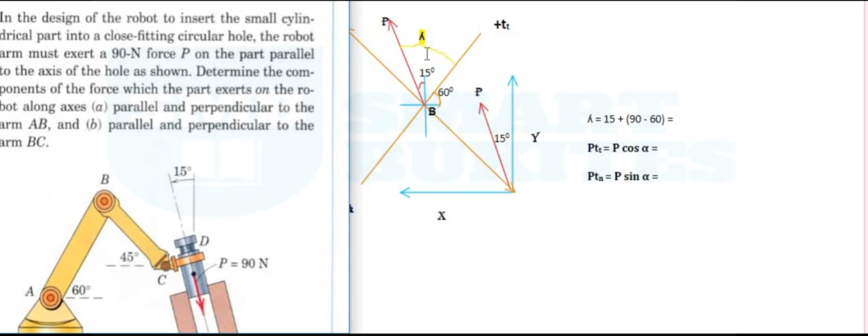Our angle lambda is the one that we're going to use, and it is composed of this 15 degrees and this space here. So this 90 minus 60 is representing this angle here, then plus 15, which is going to give us 15 plus 30, that is 45 degrees, right?